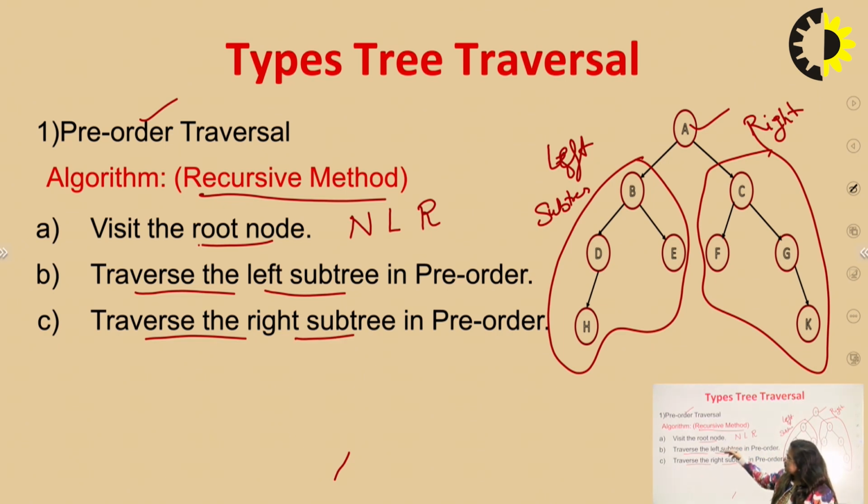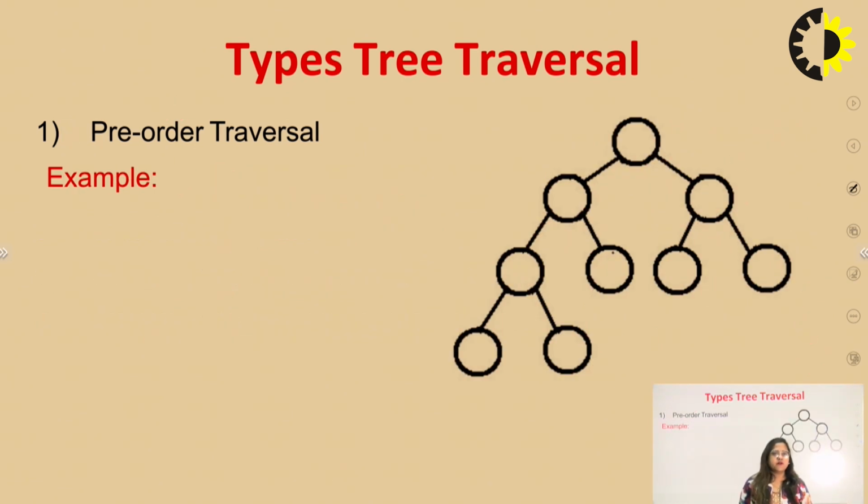These three points make up the algorithm in pre-order traversing. Got it? Now, how does pre-order traversing work? As I discussed on the last slide, pre-order traversing is based on NLR, where N is the root node, L is the left subtree, and R is the right subtree.